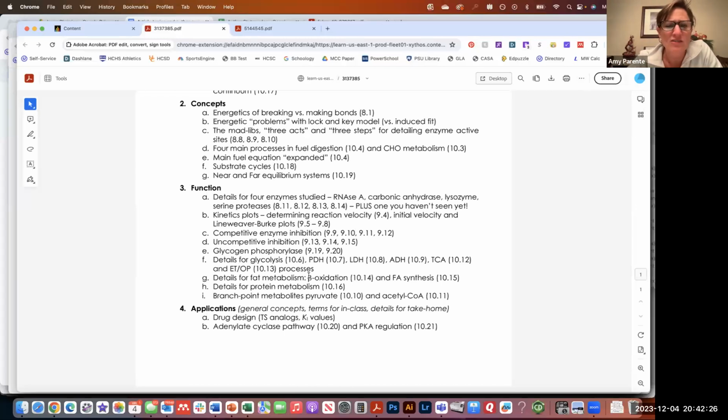We only had single slides on fat metabolism and protein metabolism, so again, your homework highlights the pieces you need to know. The two branch point metabolites we focused on were pyruvate and acetyl-CoA. And the big picture application was understanding how the adenylate cyclase pathway, in its synthesis of cyclic AMP, ultimately regulates the activity of PKA.